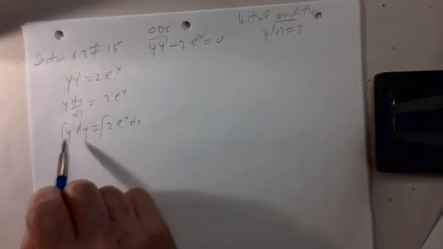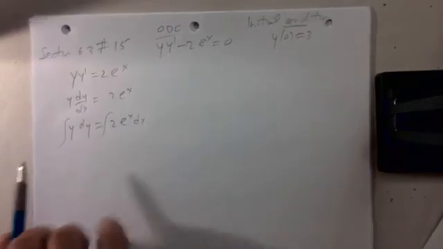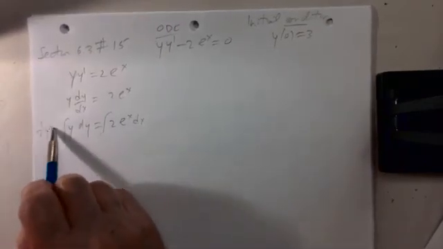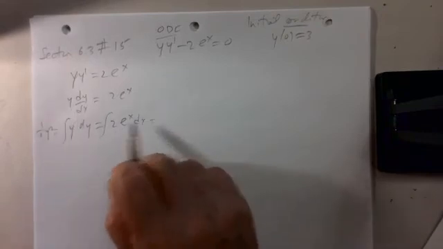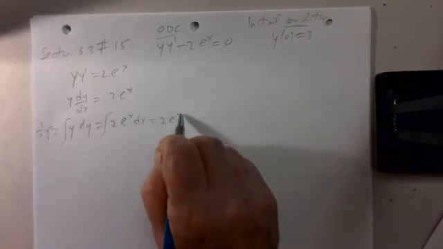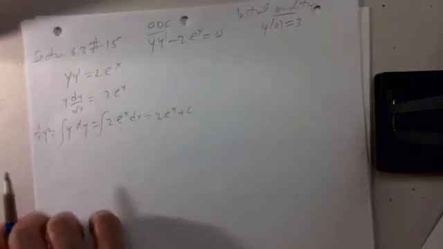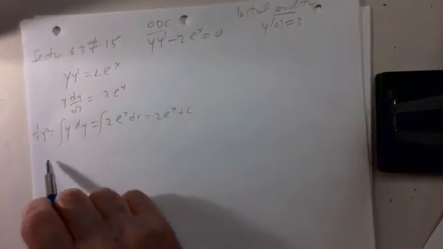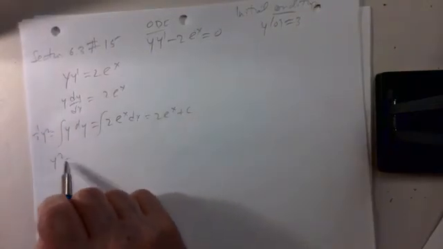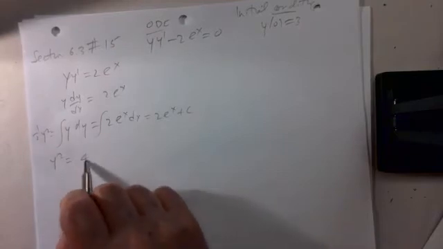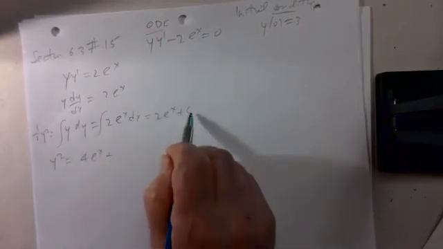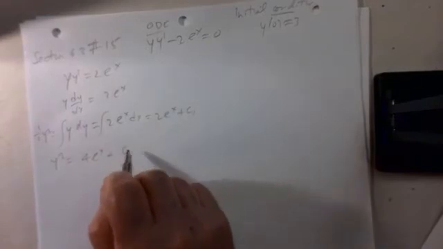And we integrate. The integral of y is a half y squared, and the integral of 2e to the x is 2e to the x plus a constant. So what we get is that y squared is 4e to the x plus 2 times the constant, which is just another constant.